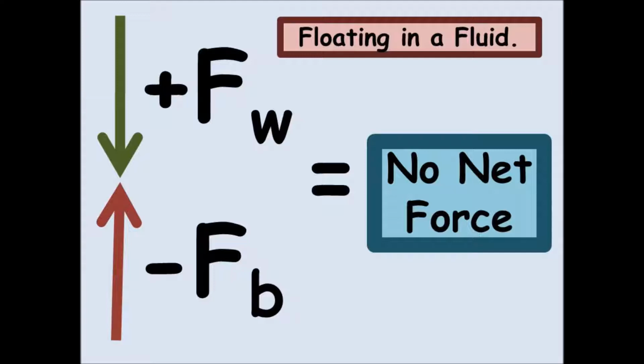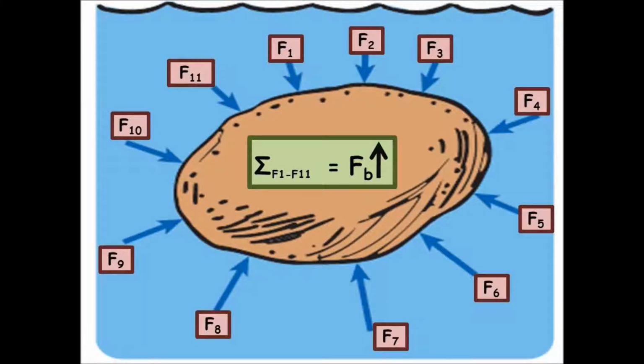Your physics teachers in the future may use a different standard, but that is what I will grade you on. That is what you will be held responsible for, because force is a vector. So for those forces to be equal and have no net force, that means that the object in the fluid is actually floating. Remember, that fluid could be a gas, like a balloon floating, or a battleship floating in the sea.